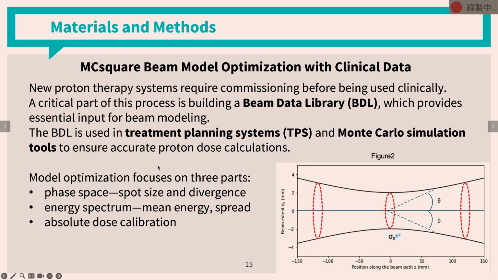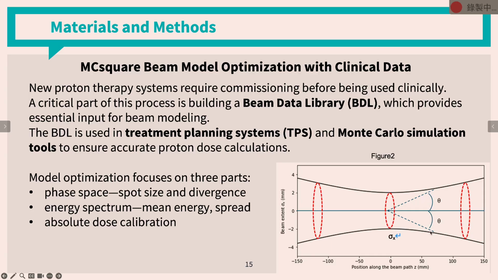The model optimization focuses on these 3 parts: the phase space, which covers the spot size and divergence; the energy spectrum, which covers the mean energy and the spread; and also the absolute dose calibration. Figure 2 is an illustration of beam optics in the XZ plane, and the beam size variation along the beam axis due to the angular divergence. And this is the angular divergence here.